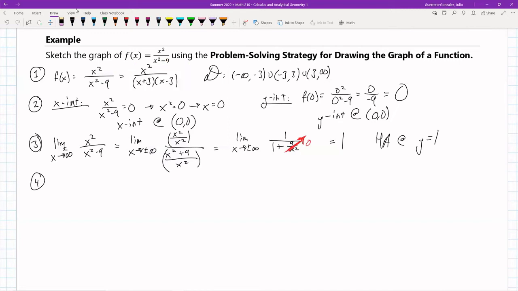So then therefore, x plus 3 has to equal 0, in which case x is equal to negative 3, or x minus 3 has to equal 0, in which case x is equal to 3. So then there are vertical asymptotes at x equal positive and negative 3.